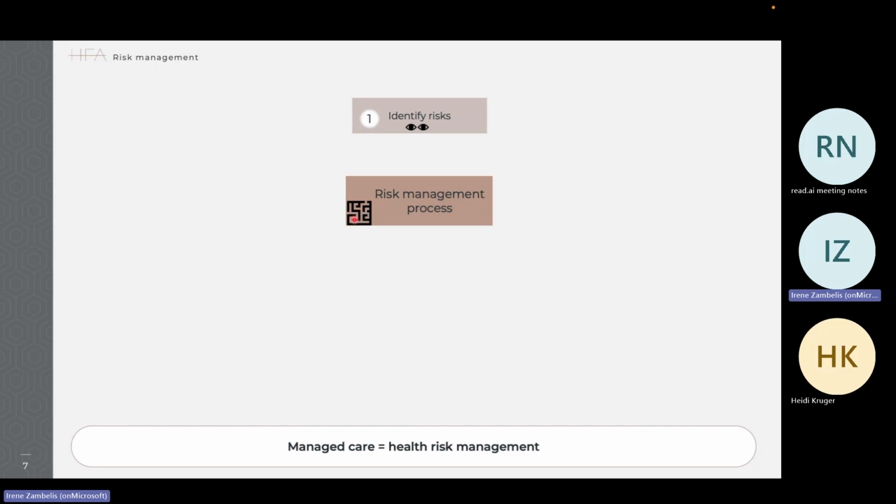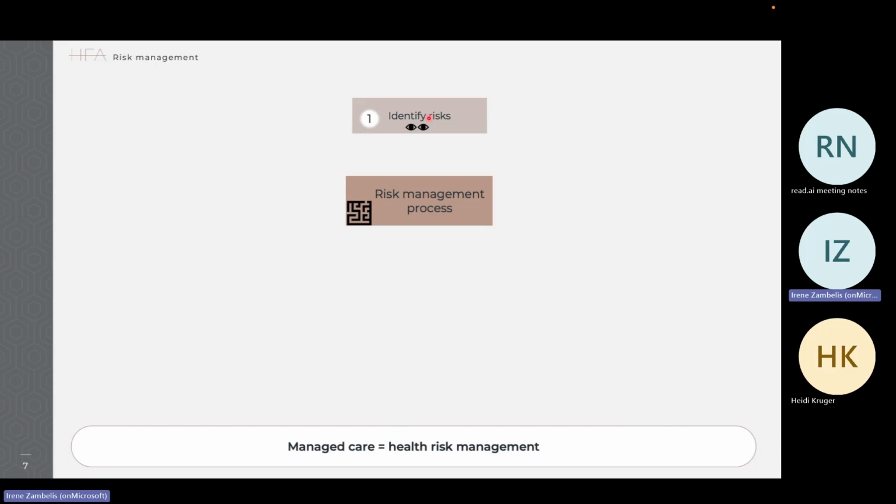And the first one is that you are able to identify the risks of your beneficiaries. We call your beneficiaries your risk pool. Each of your beneficiaries have a certain age, a certain burden of disease.